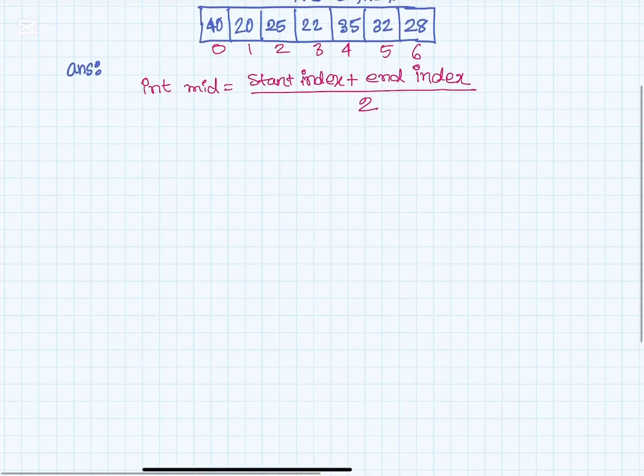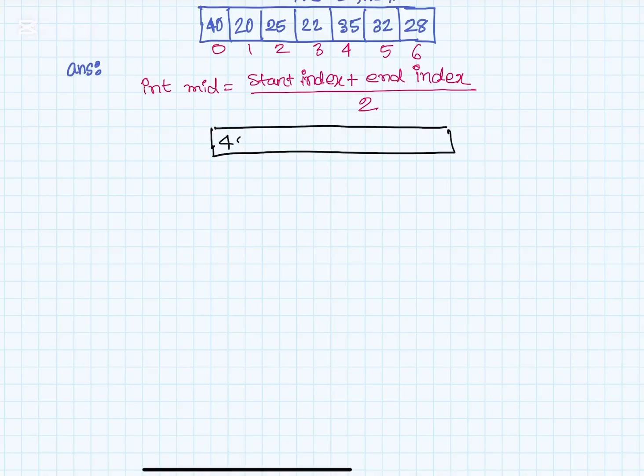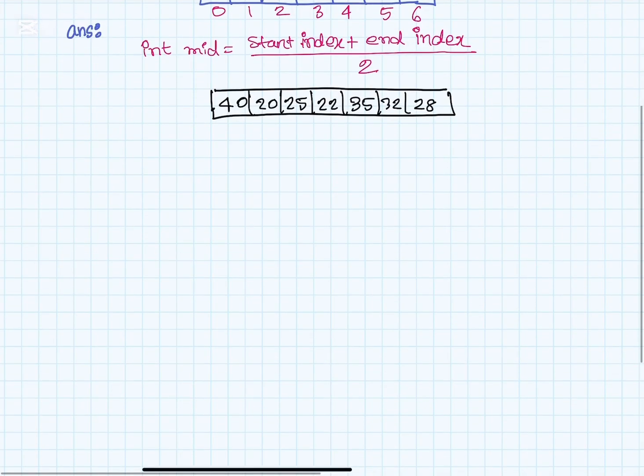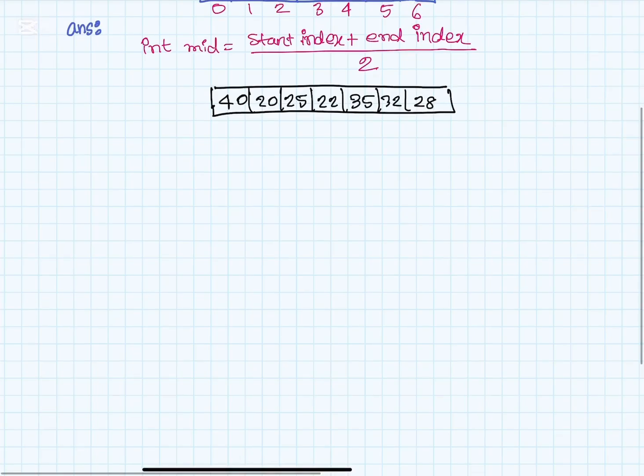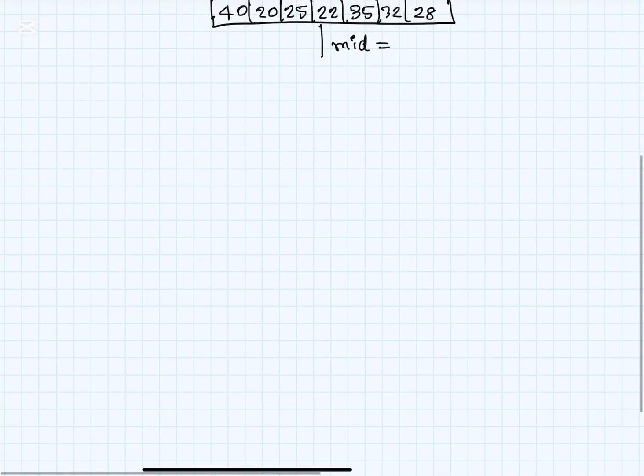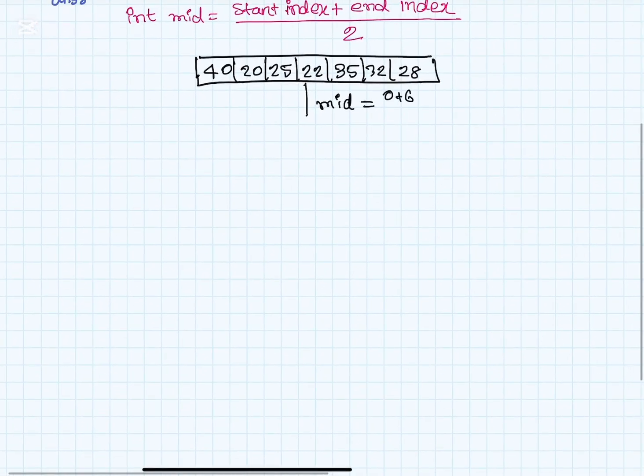So let's take our main array. We will first divide this array into two smaller subarrays. So the mid of this array is going to be mid equals 0 plus 6 divided by 2 equals 3.